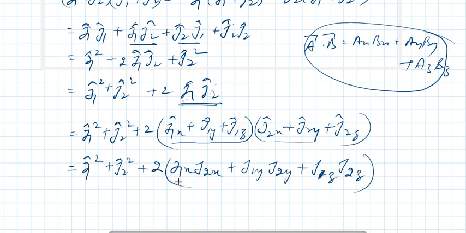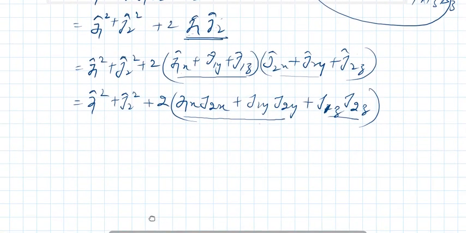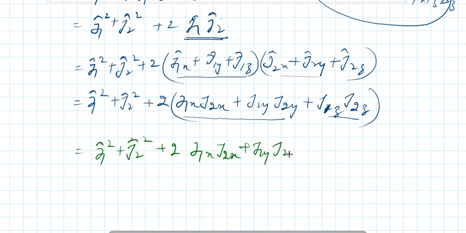And let me write these separately and this part separately. So this is j1 square plus j2 square plus 2(j1x j2x plus j1y j2y) plus 2j1z j2z.